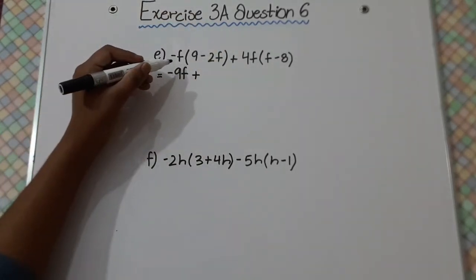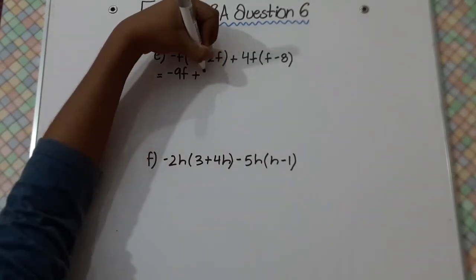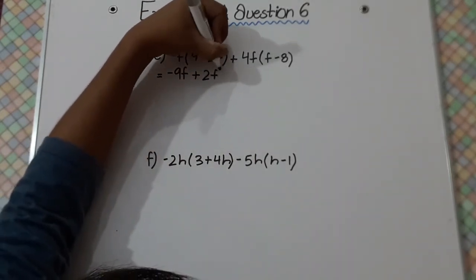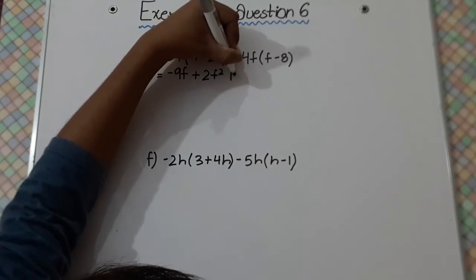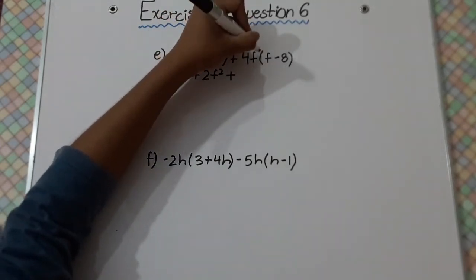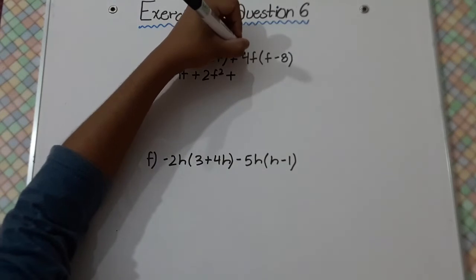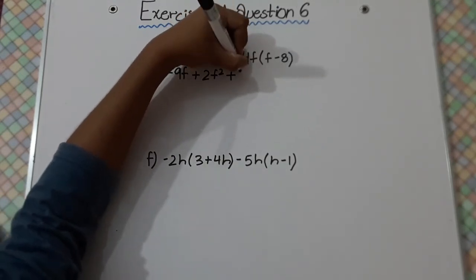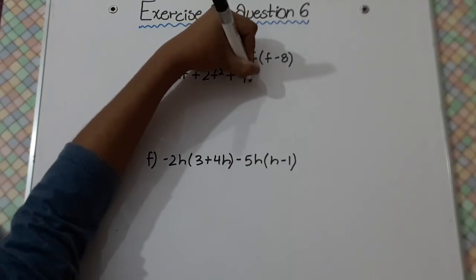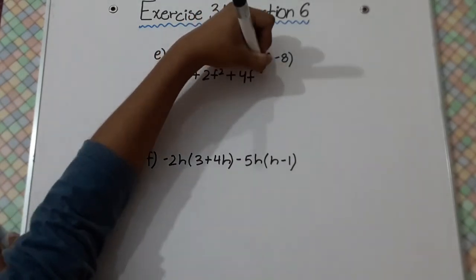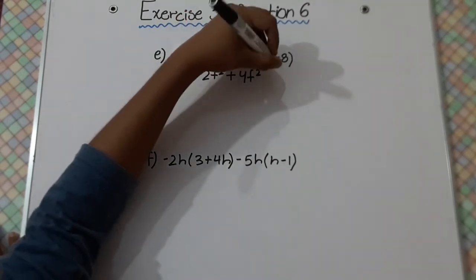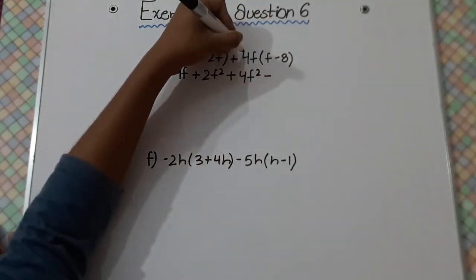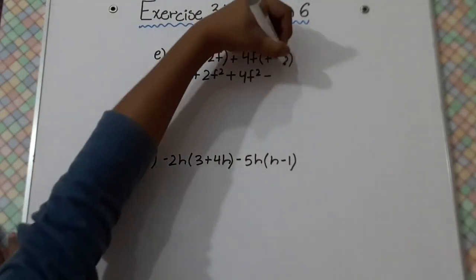Minus f multiplied by 2f would be 2f square, plus the sign 4f multiplied by f would be 4f square. Then plus, minus is minus. 4f multiplied by 8 is 32f.